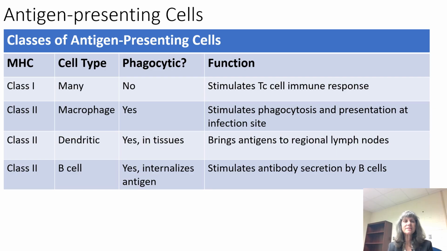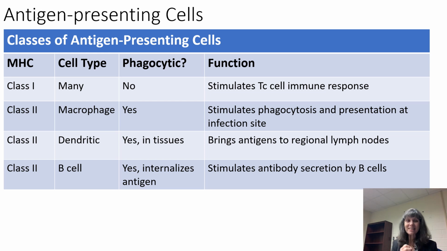This chart shows us different classes of antigen-presenting cells. So the class 1 major histocompatibility complex protein includes many cell types in our body because all cells have this protein within them to deal with endogenous antigens such as cancer or viruses, because viruses can infect any cells.